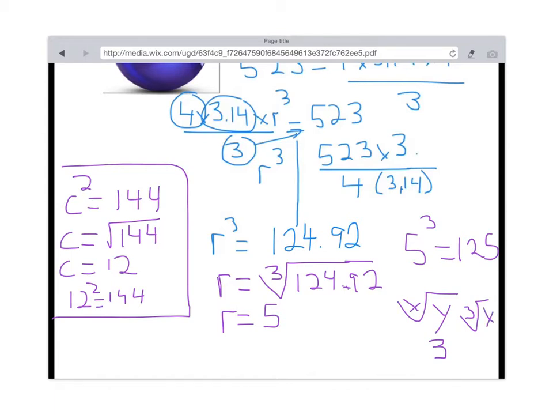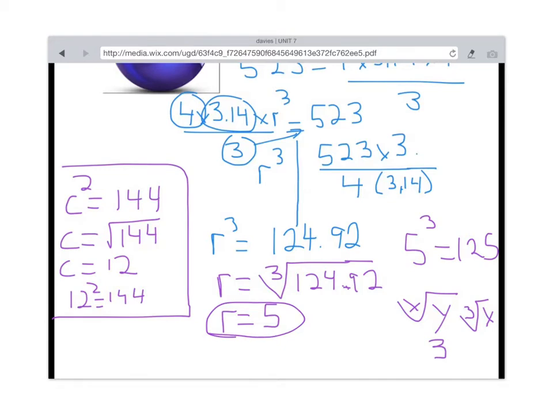So find the right button on your calculator, and if you want to give it a try and actually find the cube root, go ahead and try that now and see what you get. You should end up with 4.9989, which is basically 5 anyway when we round off, and so either way you end up with the radius of this sphere being equal to 5.